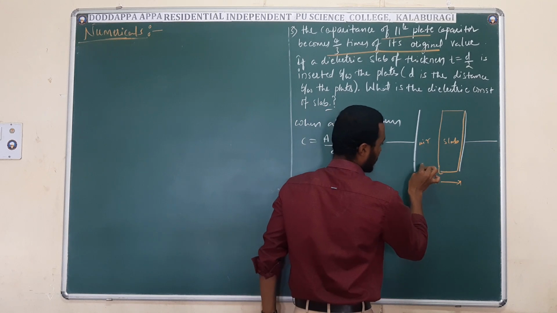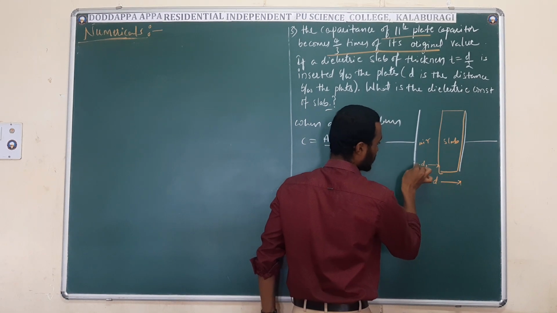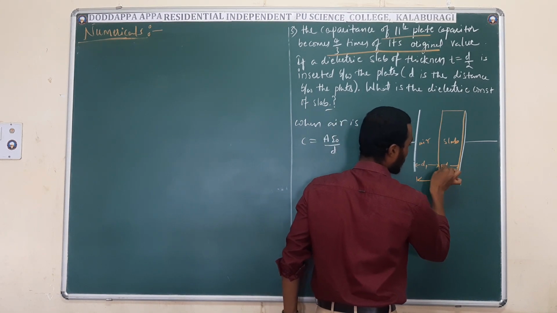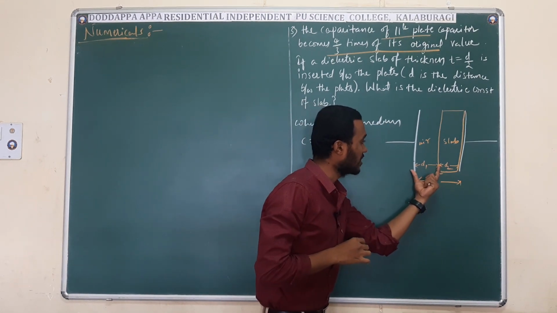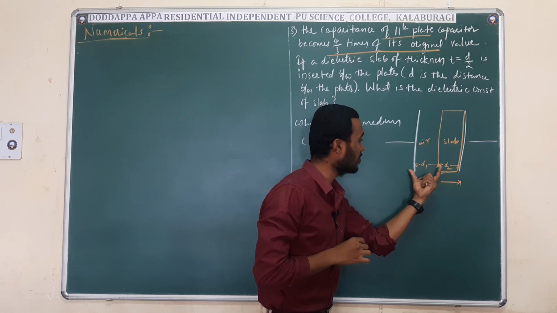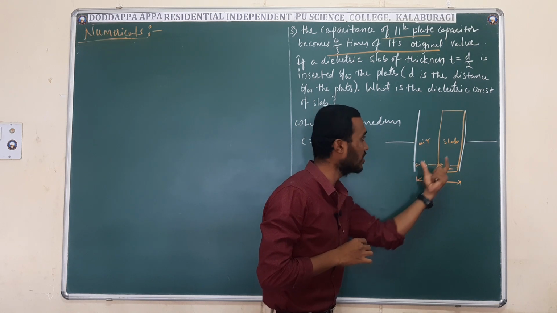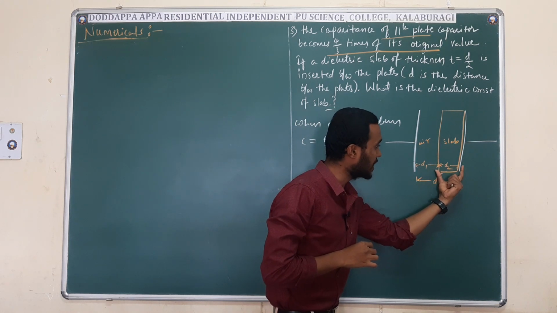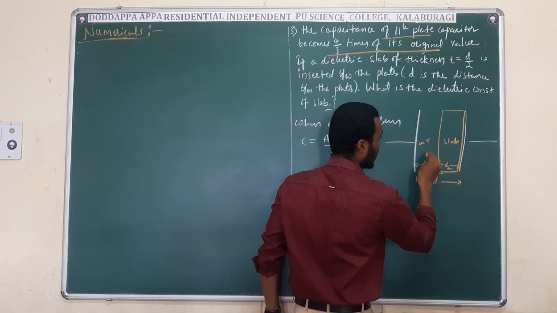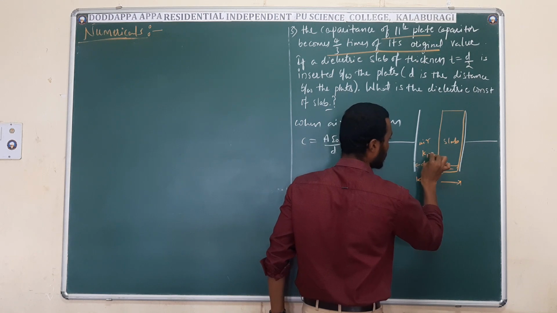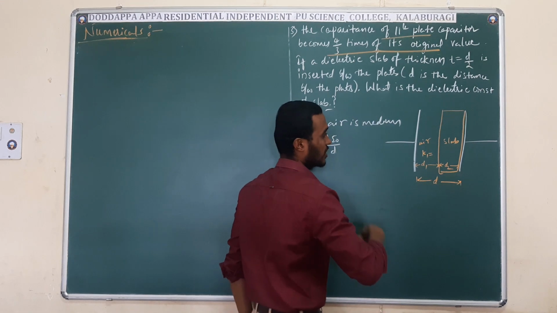So this distance I will call d1 and this distance I will call d2. This is d1, the air medium, and this is the slab medium, d2, right? For the air medium, let us assume K1 is the dielectric constant.